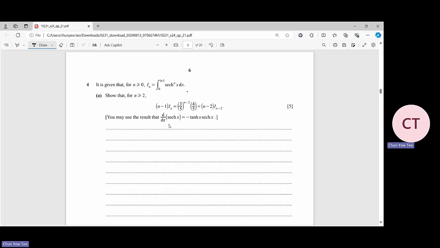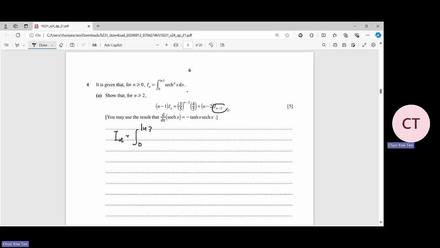But over here, they give you a hint that you can use: differentiating sec x gives sec x tan x. This result is not in the formula booklet, which means they actually allow you to use the result that's stated here. So first of all, for this question, I_n from 0 to ln 3, how do you integrate?